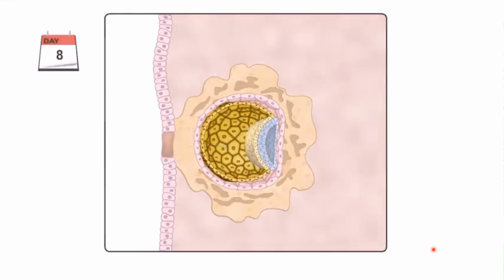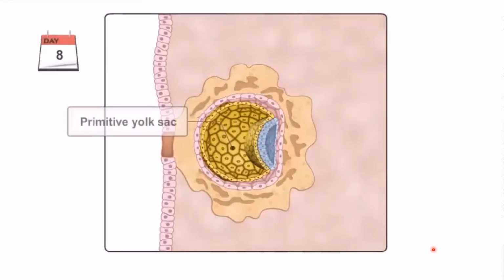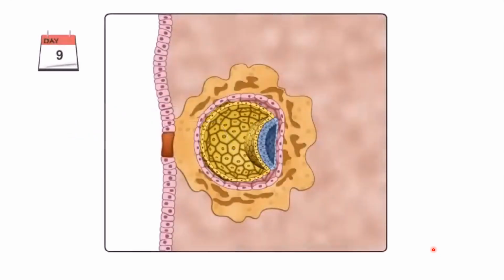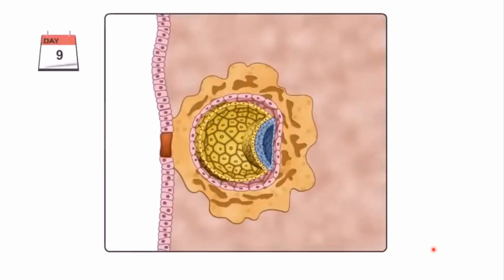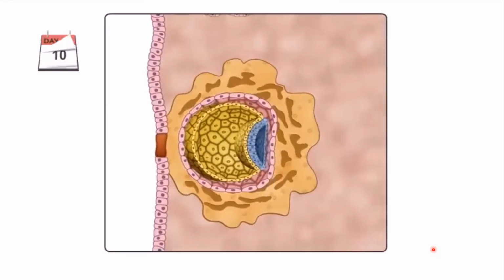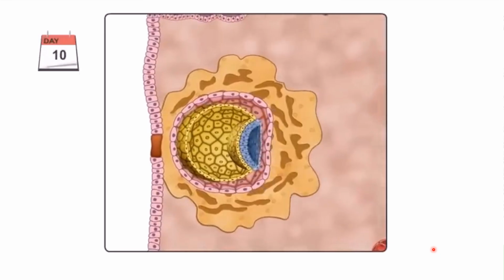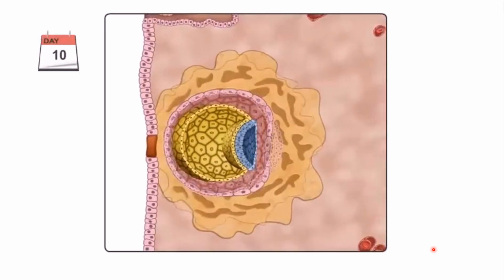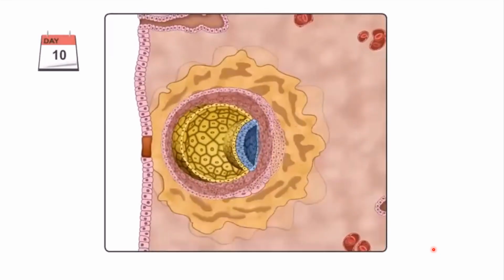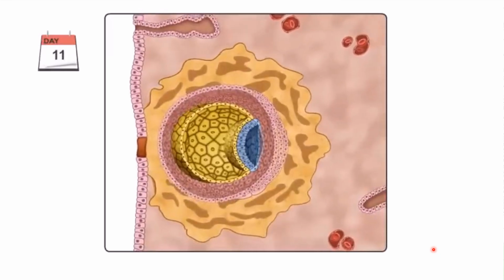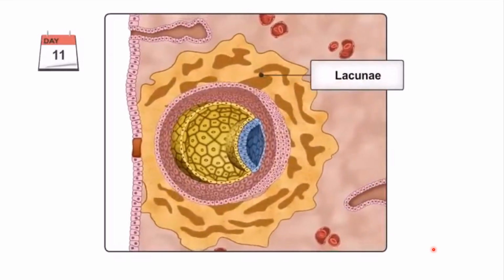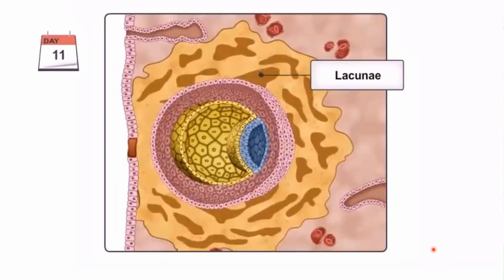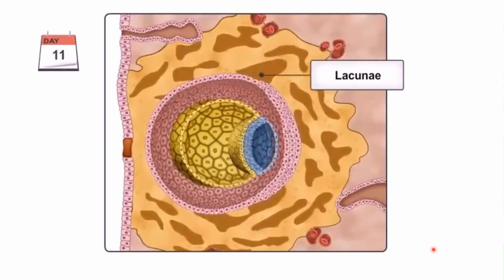The exocoelomic membrane and cells of the hypoblast together form the walls of the primitive yolk sac. By day 9, the blastocyst is completely embedded in the uterus wall. At this stage, the growth of the syncytial trophoblast and cytotrophoblast is much quicker than the bilaminar embryonic disc. Small holes called lacunae begin to form in the syncytial trophoblast as it continues to expand.